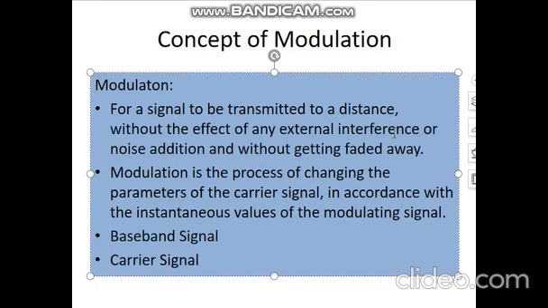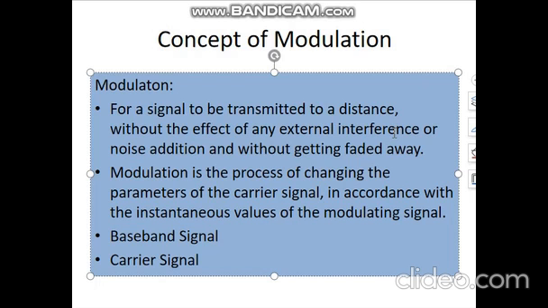So modulation is a process where a few parameters of the carrier, like amplitude, frequency, or phase, are changed with respect to the baseband signal. To sum up, the baseband signal is the original signal that has to be transmitted, and the carrier signal is the signal that helps you to carry the information signal.